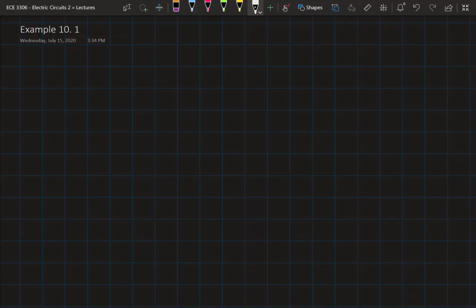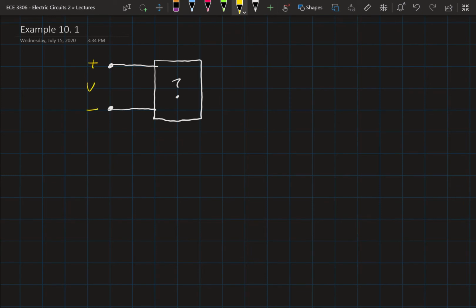All right, so for those of you following along in the textbook, this is from example 10.1. It gives us two terminals feeding into a sort of mystery box. We don't know what's going on inside the box, but we do know that there's a voltage V and a current I on the terminals.